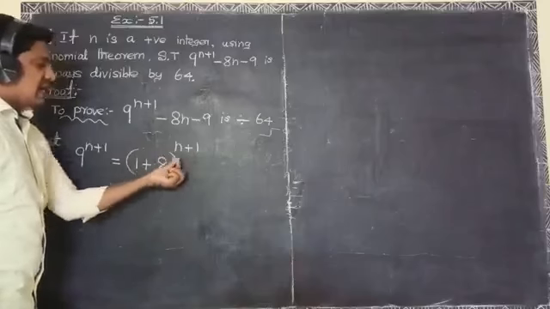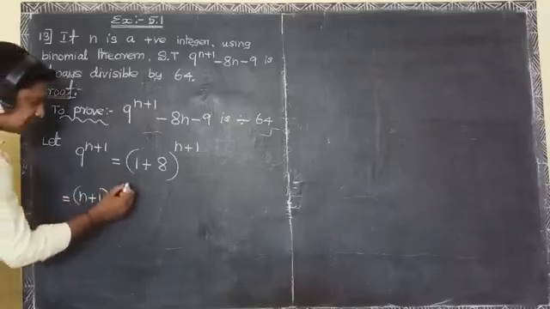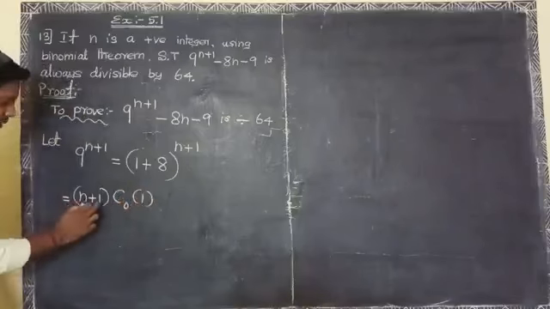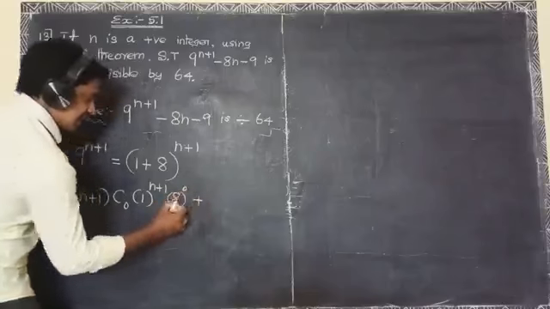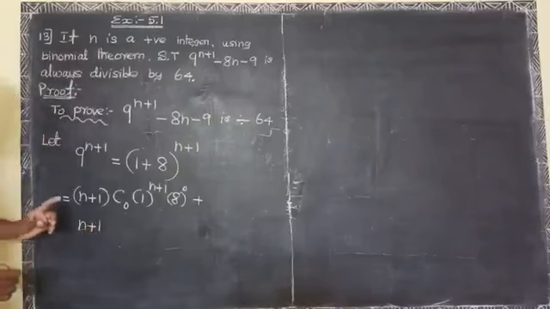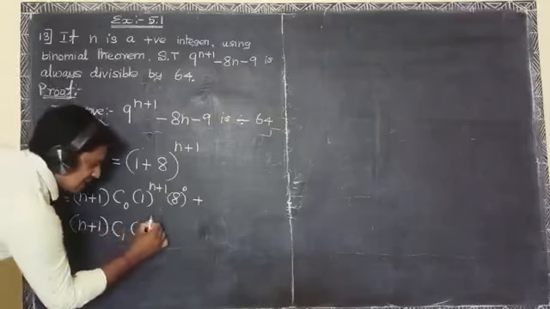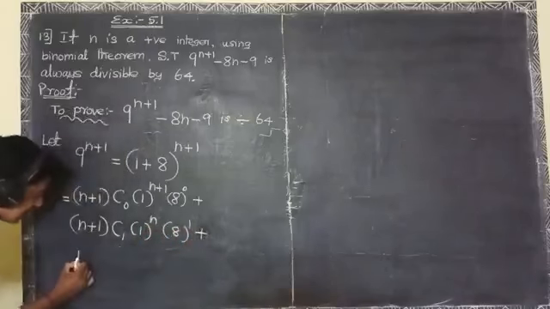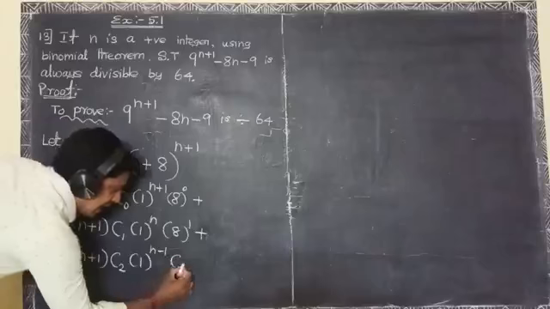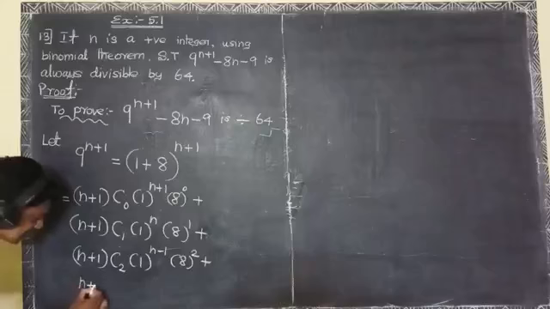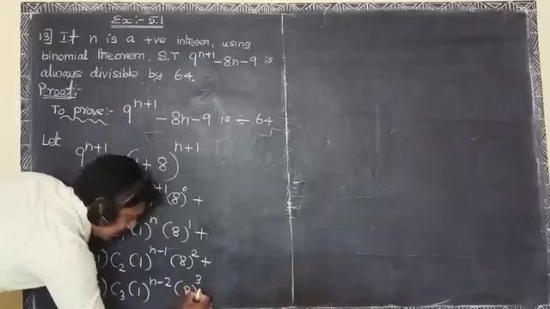Expanding 1 plus 8 whole power n plus 1, that is n plus 1 c naught 1 power n plus 1 minus 0, 8 power 0, plus the second term n plus 1 c1 1 power n plus 1 minus 1, 8 power 1, plus n plus 1 c2 1 power n minus 1, 8 power 2, plus n plus 1 c3 1 power n minus 2, 8 power 3, and so on.